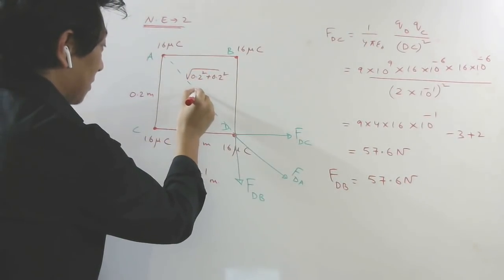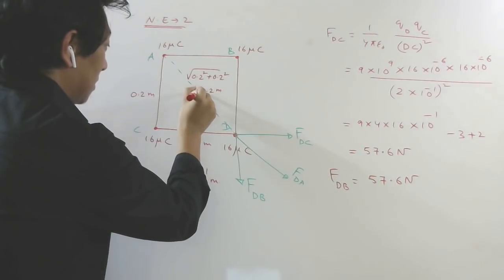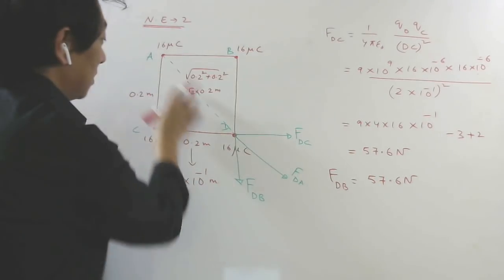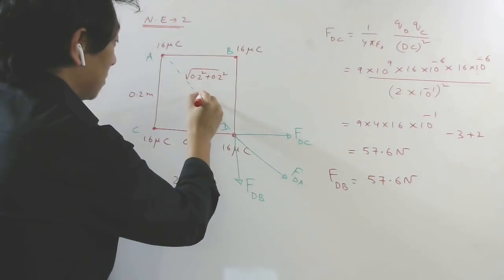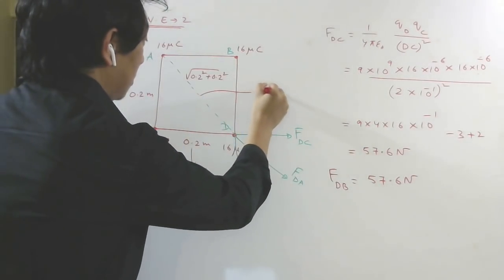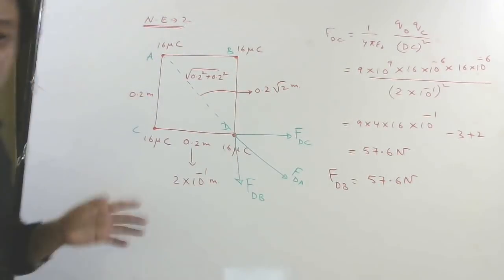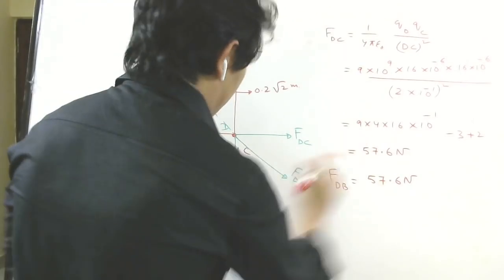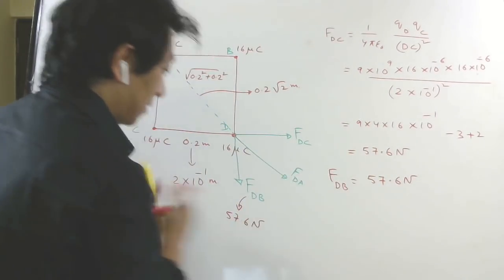That will be root 2 into 0.2 meter. So this distance will be 0.2 root 2 meter. Pythagoras theorem, simple. Let me mention this here. So this force is 57.6.